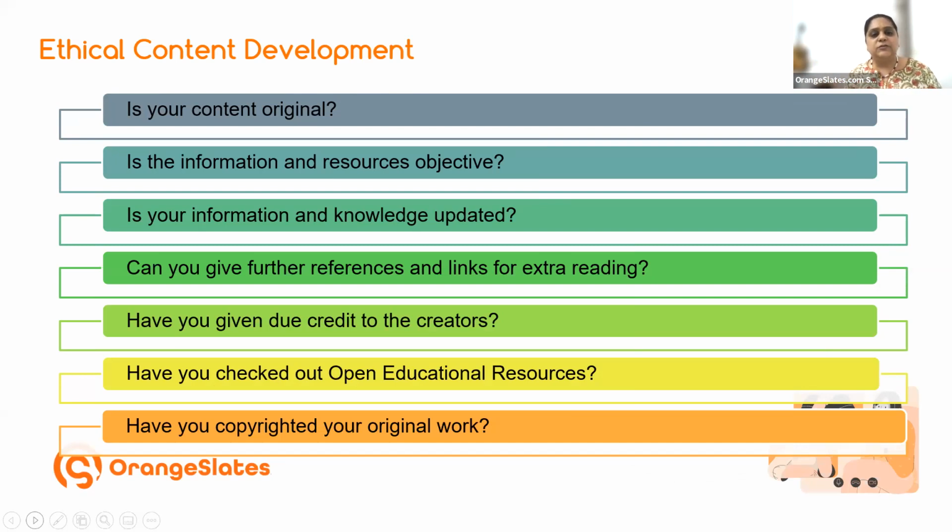If it is not original, then are the information and resources you got it from objective? Are they authentic? Is the information and knowledge which you are sharing with others updated? And when you search for content, are there extra links provided there? And if they are, can you make use of them?